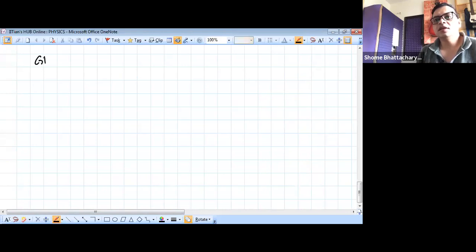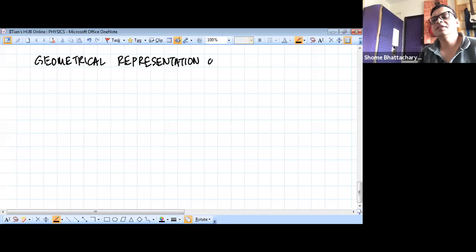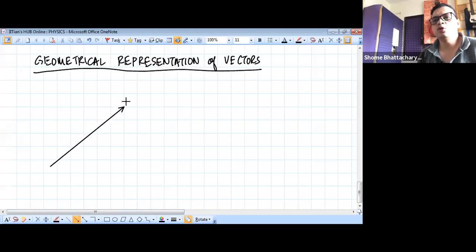Okay, so now let's come to representation of vectors. So we saw last time also that geometrically we can represent a vector in this way. So the geometrical representation of vectors is that we use an actual arrow. We draw an arrow to represent a given vector.